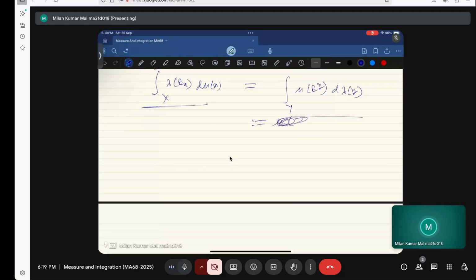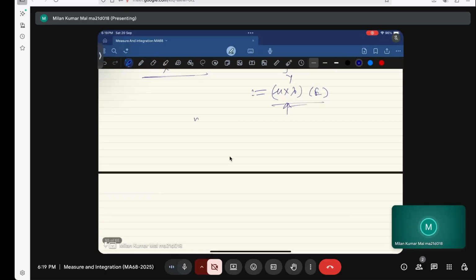This is what is given as the measure of the set, and it is denoted by mu. This is the measure on the measurable space X cross Y with the sigma algebra S. So this one can be given as a measure.